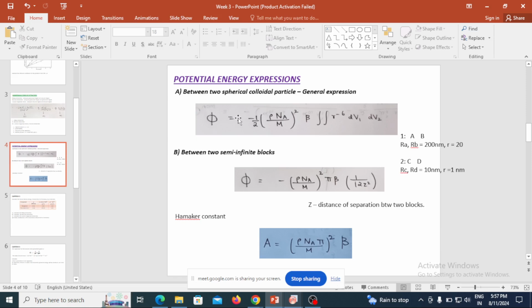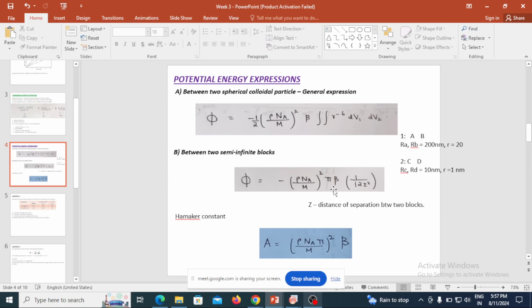The expression rho Na pi by m the whole square times beta is something that is common for every kind of system that you take, either your general expression, or spherical, or the semi-infinite blocks, or any other system for which the expression is derived, like parallel cylinders or between a sphere and a flat surface.